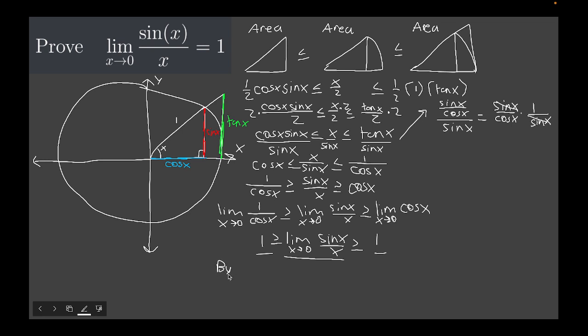So by the squeeze theorem, the limit as x approaches 0 of sine of x over x has to be equal to 1, because it is being sandwiched by these two values, and when you evaluate these two limits, they approach the same number.